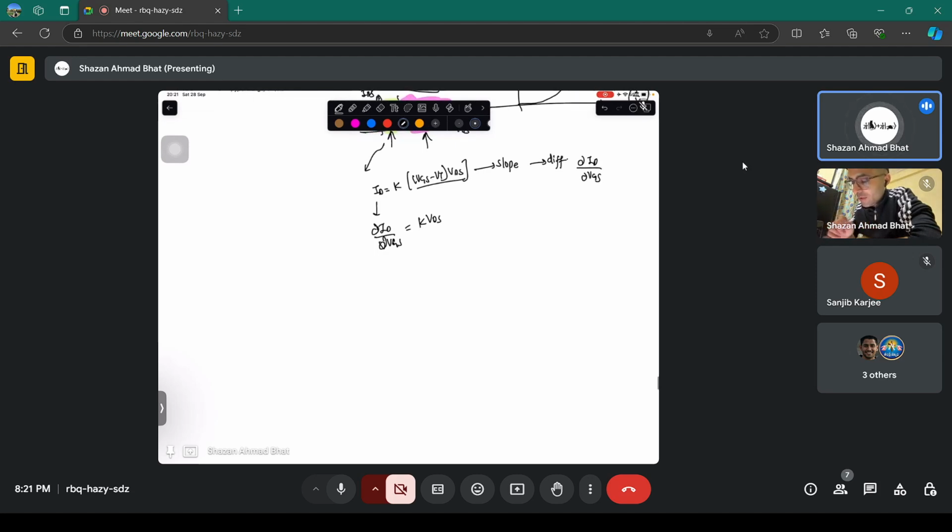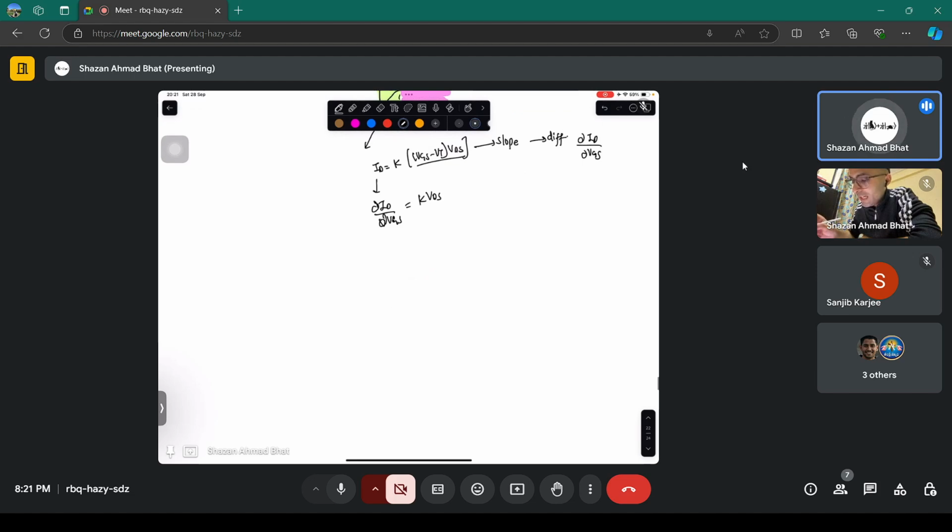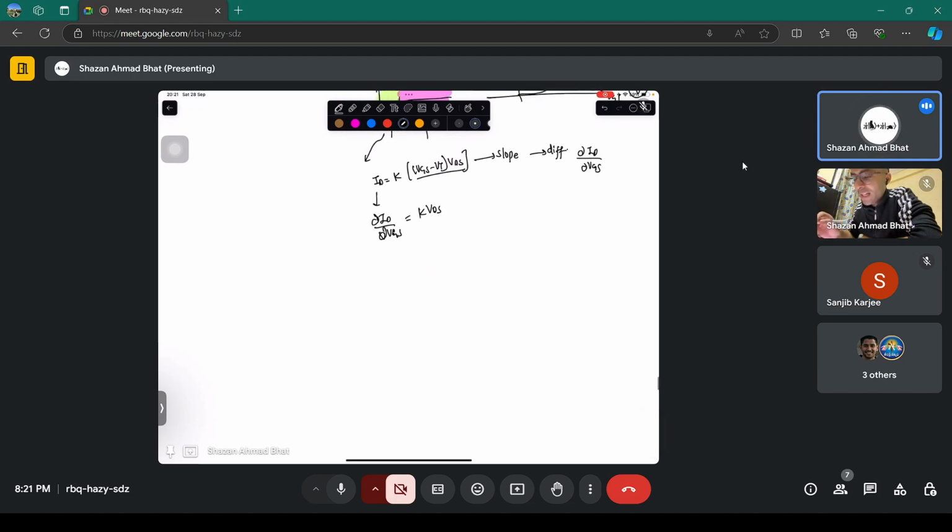because the differential of VT will be 0. That's a constant, because VDS has been kept constant. So the differential of K VGS into VDS will be K times VDS, and this has been given as the slope. It is given as 0.02 at VDS equal to 0.1 volt.